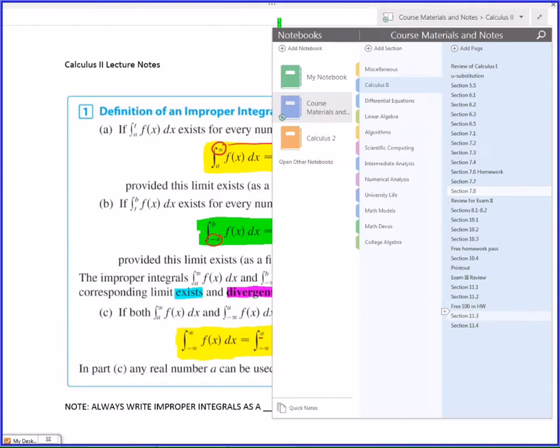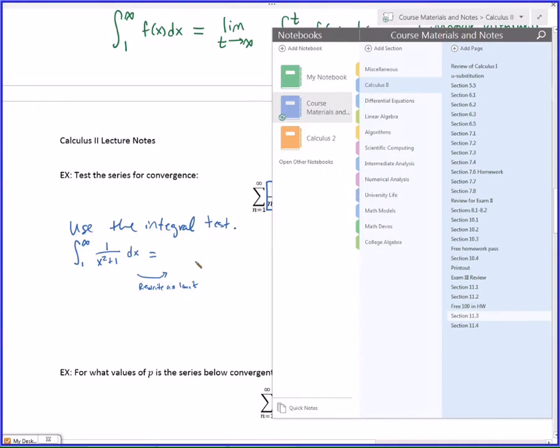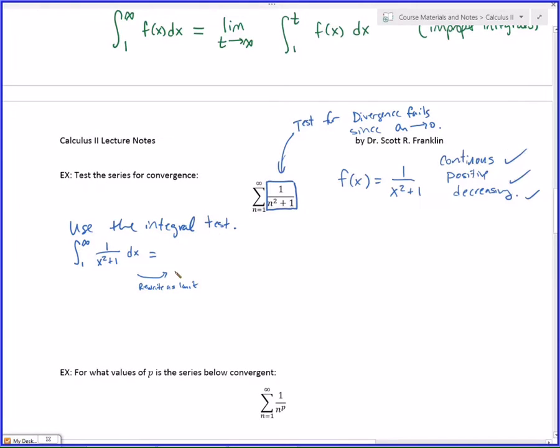So let's go back to where we were. I'm going to rewrite this as the limit as t goes to infinity of the integral from 1 to t of 1 over x squared plus 1 dx.